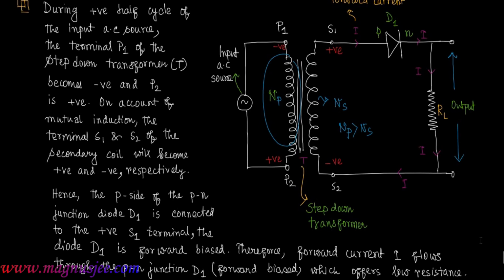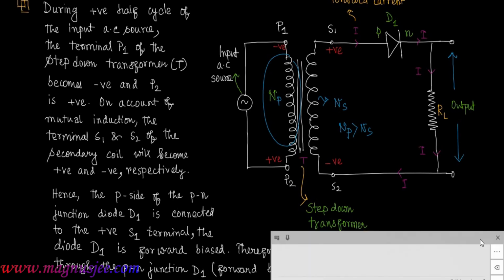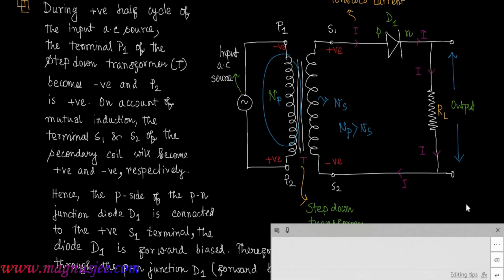Hence, a positive output voltage is obtained across the load resistance due to the positive input voltage applied across the step down transformer.